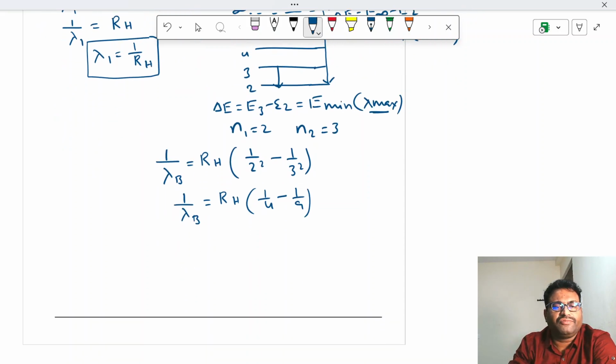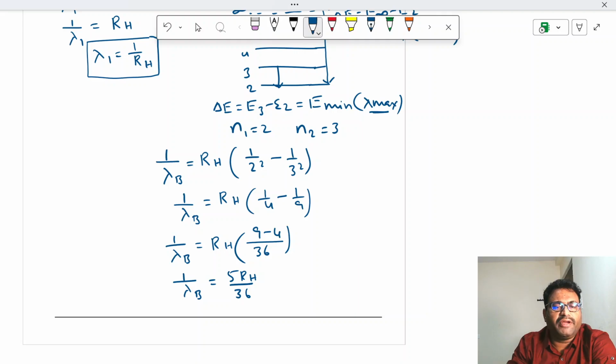Next, 1 by lambda Balmer is equal to RH into 9 minus 4 over 36, which gives 5 RH by 36.